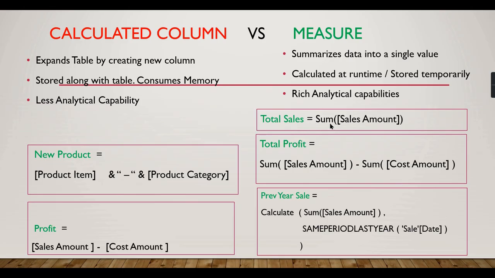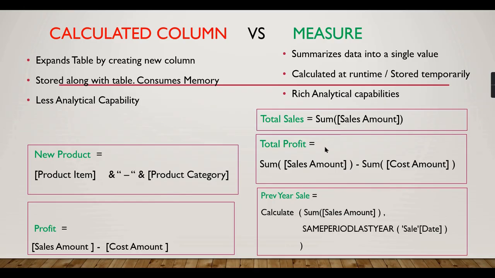So basically the predominant difference between a calculated column and a measure is that calculated columns are physically stored in your storage device, whereas measures are not stored. That is the main difference. Similarly, you can see the sum of sales and sum of cost amount. The difference here is that a calculated column happens row by row. For each row it will calculate the sales amount, and if you have 1,000 rows it will happen row by row.